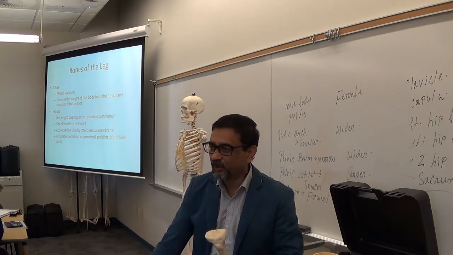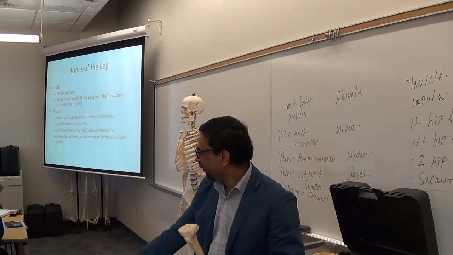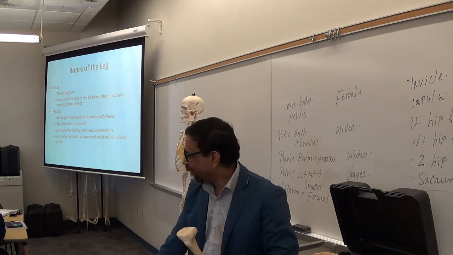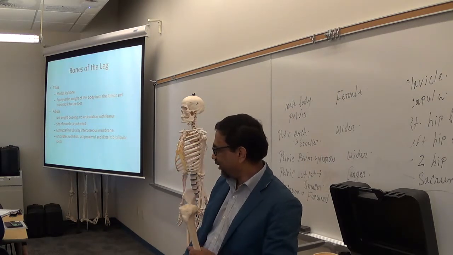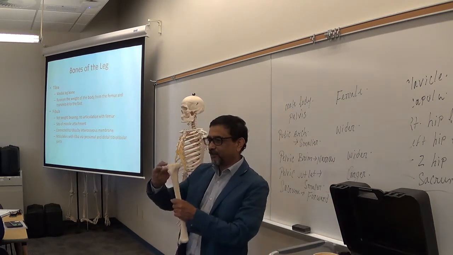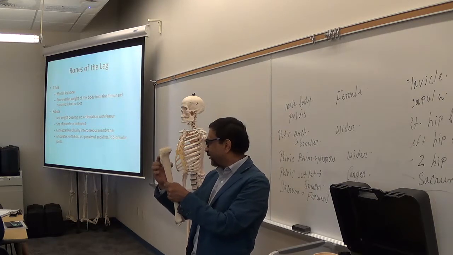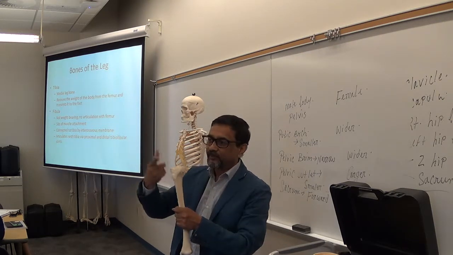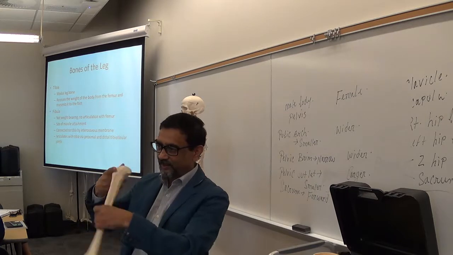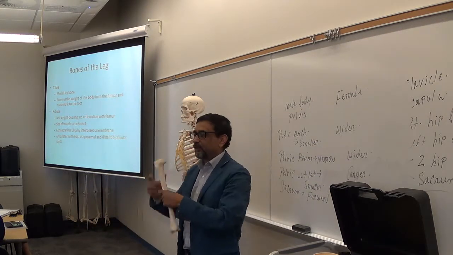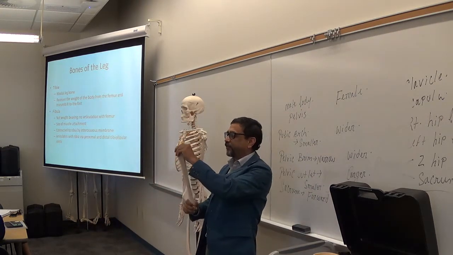You know when you go to the doctor, they tap here with the hammer, right? To see the knee reflex or knee jerk, right? It's here because the patellar ligament is attached here. Okay? So to see if the leg kicks forward, right? So that is the upper end.